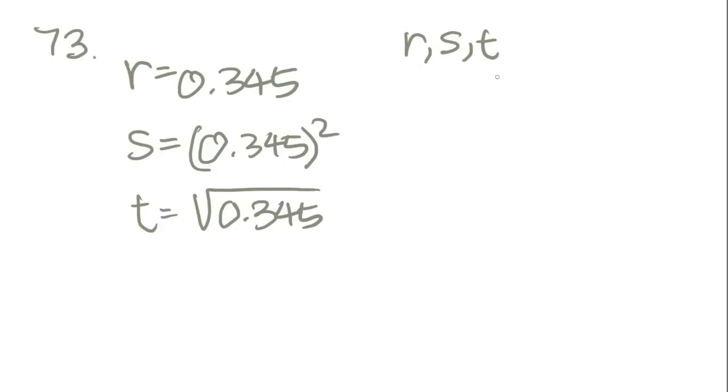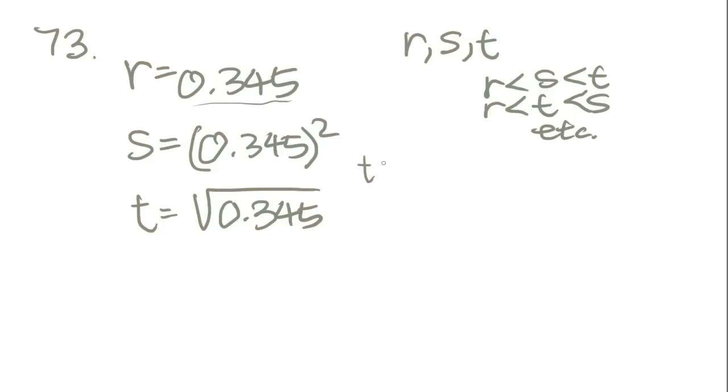For the answer choices, they give us things like R is less than S is less than T, or R is less than T is less than S, etc. So we have to find out which one is the correct one. Just looking at these, which one is the largest? Well, imagine if this was an integer, if it didn't have that decimal. Clearly when you square it, it would be bigger, and when you take the square root of it, it would be smaller. So it would be T is smaller than R, smaller than S.